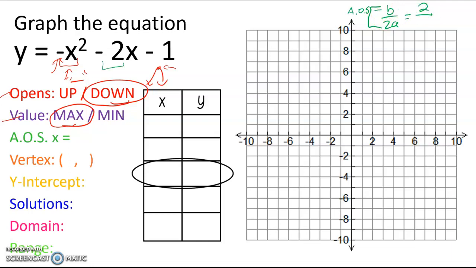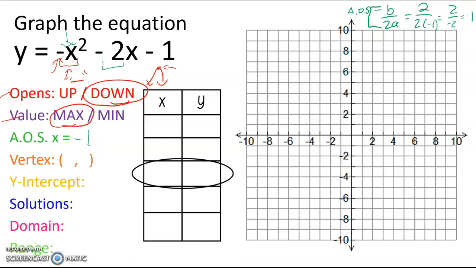And then on the bottom there, I have 2 times my A value, the same A value I looked at. Again, no number out in front there, so if that happens, what I do is I treat it like a -1. So it's basically going to be 2 times a -1, which turns into 2 over -2, which is -1. So my axis of symmetry is -1.